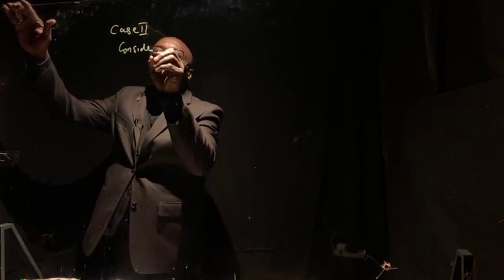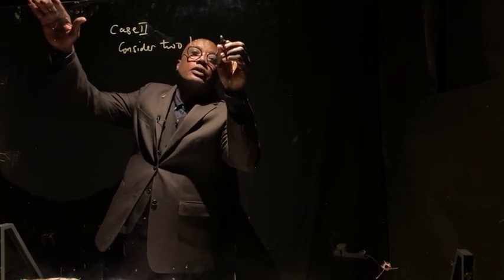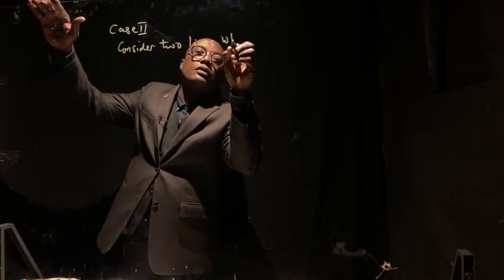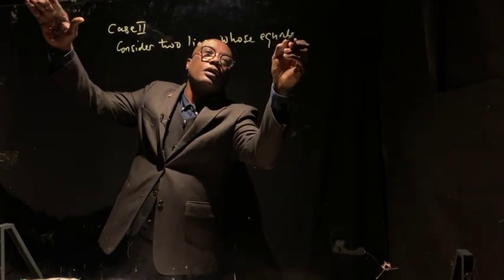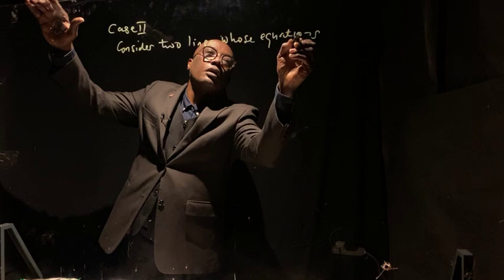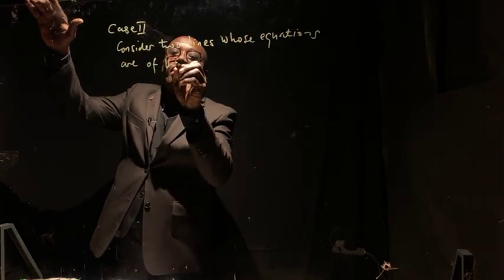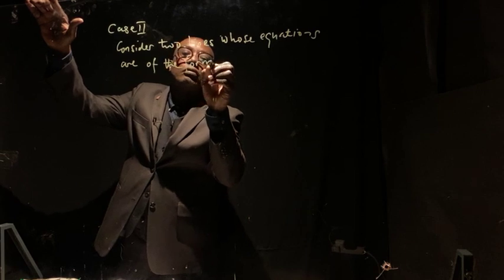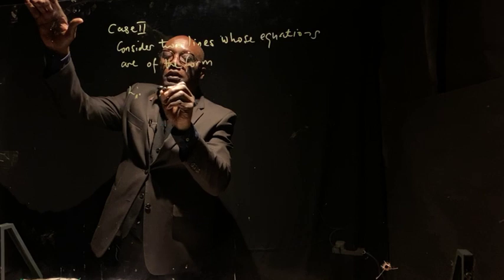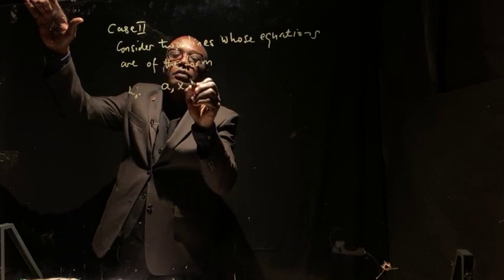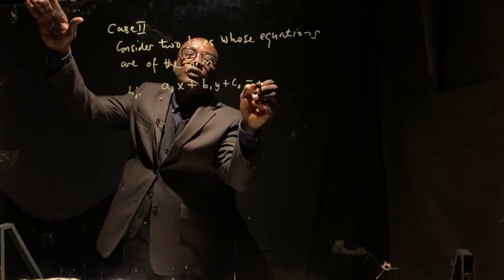Consider two lines whose equations are of the form: L1 is giving us a1x plus b1y plus c1 equals 0.